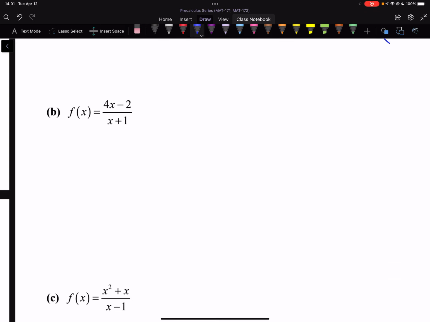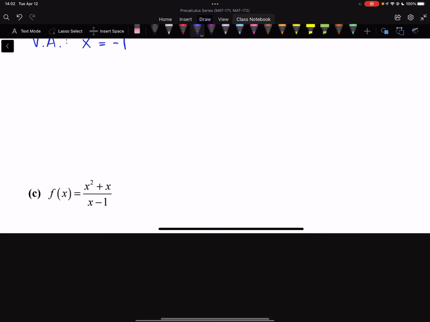For this example, it's a lot easier. It's just a linear equation for the denominator, so I'm able to just set that equal to 0 and solve. And that is the equation of my vertical asymptote for part B. The same applies for part C. Your vertical asymptote is achieved pretty easily here.